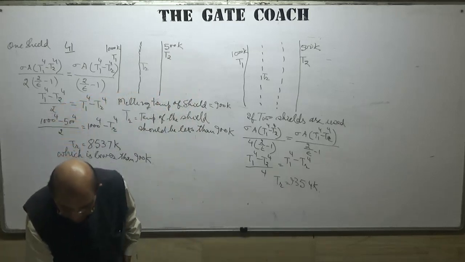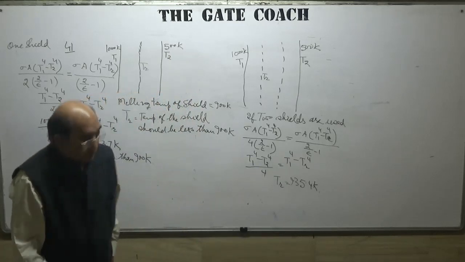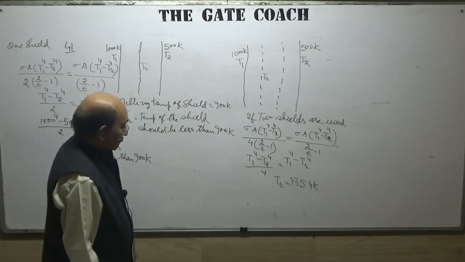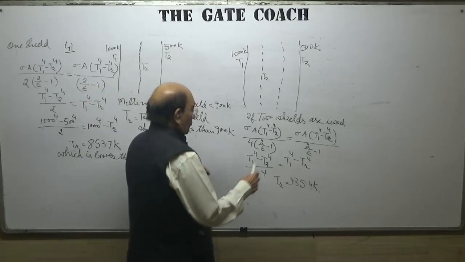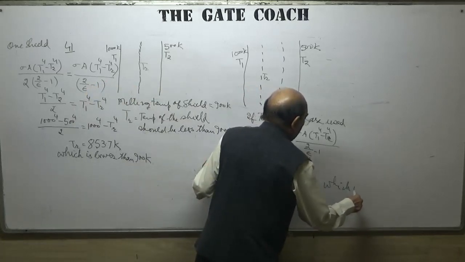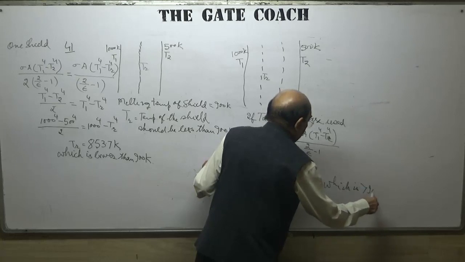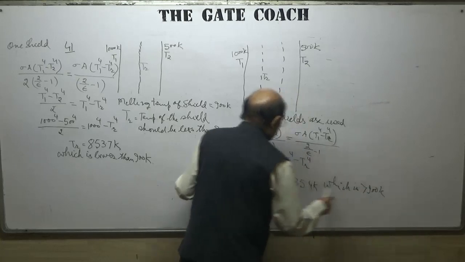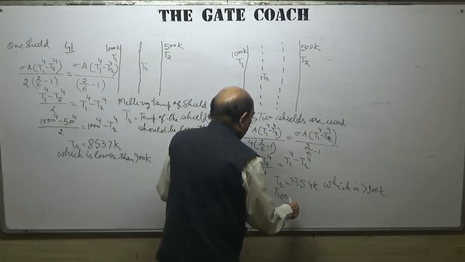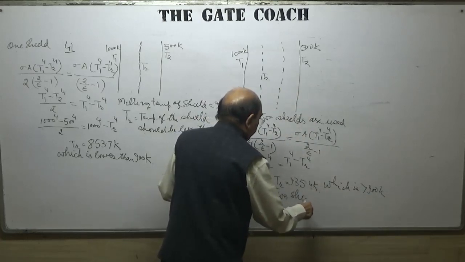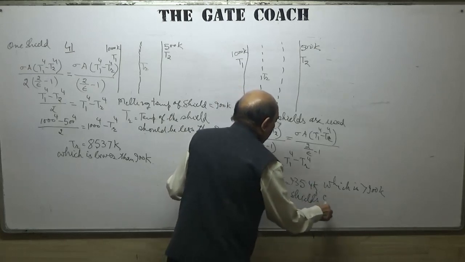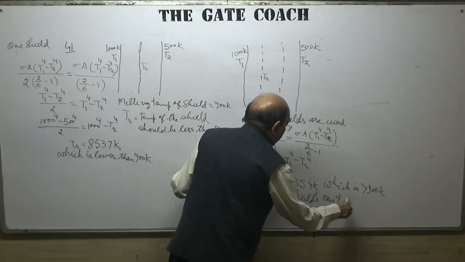So this way, if we keep on increasing the number of shields, the temperature of the shield shall keep on increasing. This is more than 900 Kelvin. Therefore, two shields cannot be used.